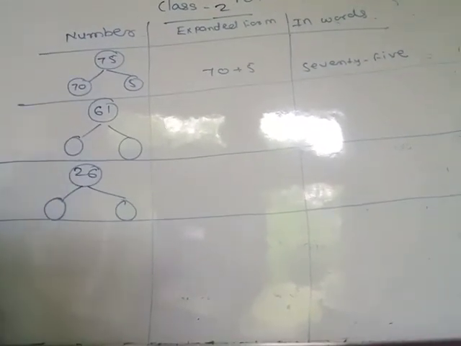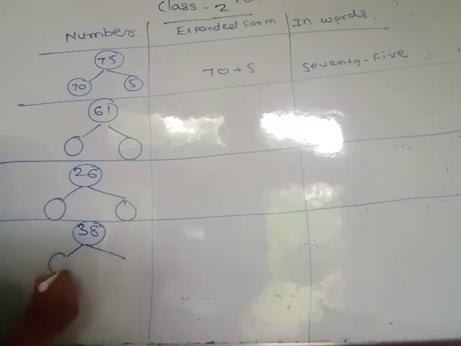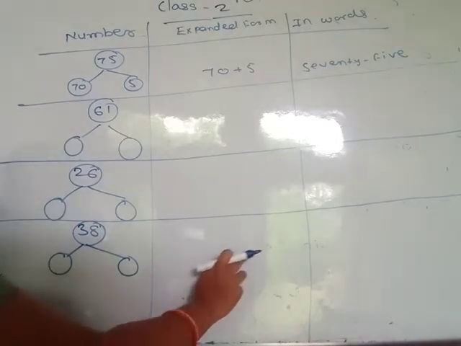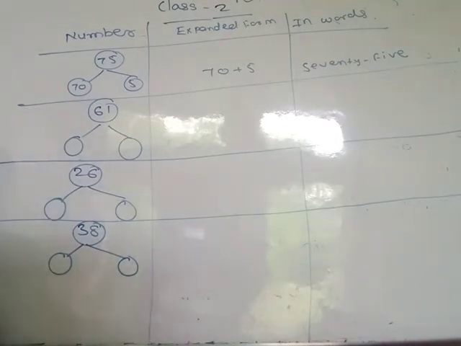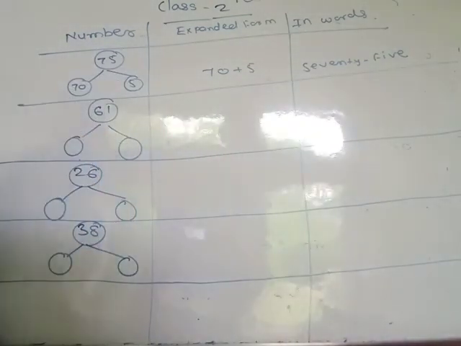Then next one 38. This number, here 30 in tens place, and in unit place the number 8. Then the expanded form is 30 plus 8, and then in words you write the spelling 30 and 8. Then next number 84.